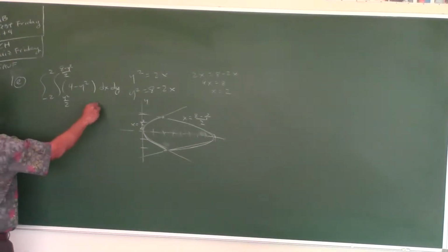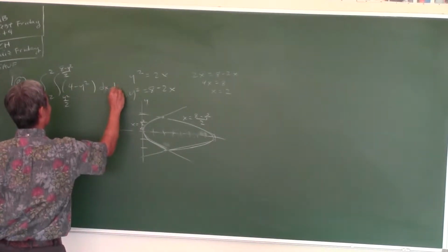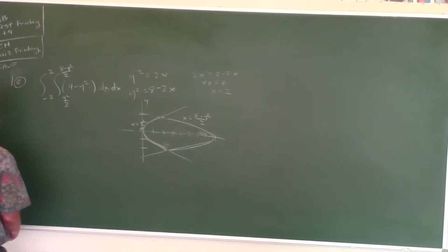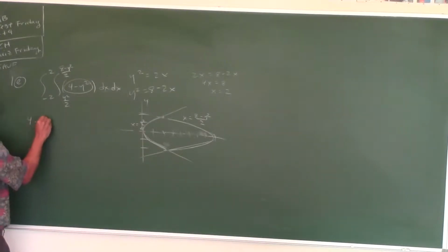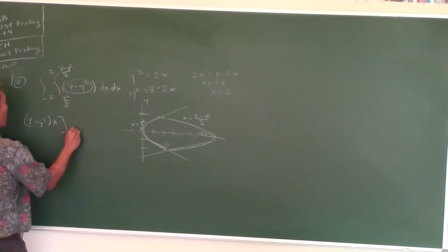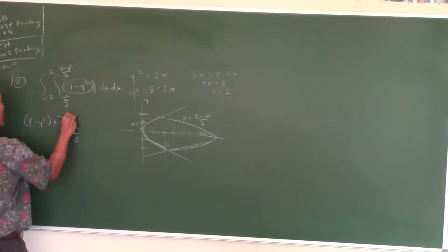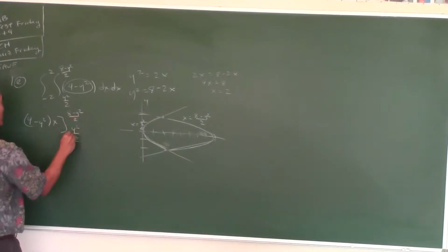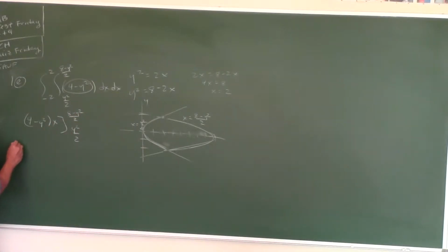We're integrating with respect to x first. So what's the antiderivative with respect to x? 4 minus y squared times x, from y squared over 2 to 8 minus y squared over 2. Plug in the top and you get 4 minus y squared times 8 minus y squared over 2, minus the bottom.